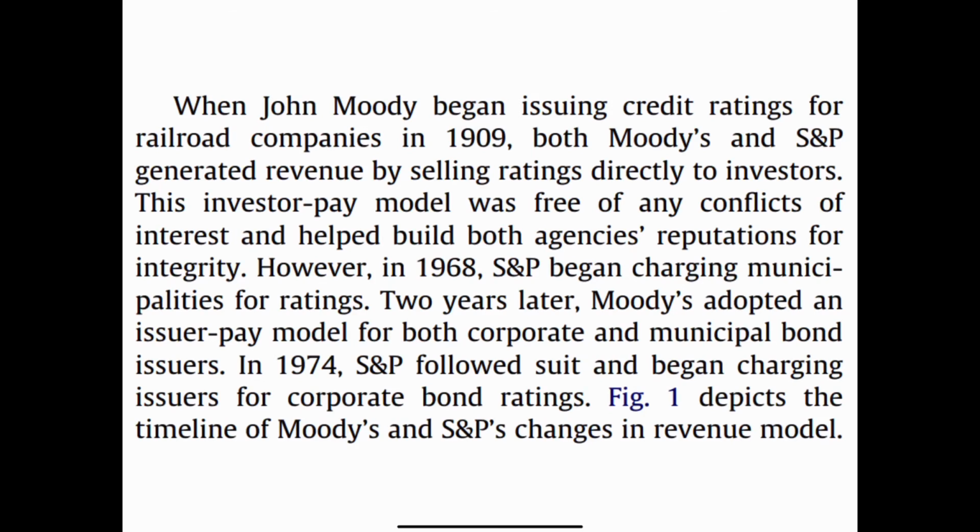You can see now it's less likely to be free of any conflict, because the company and the credit rating agency are playing a kind of game theory. If they give too low a rating, the company may go to someone else, and more importantly, the fee structure is such that the higher the rating the company is given, the more fee Moody's or S&P can charge them.